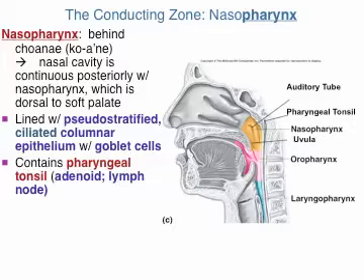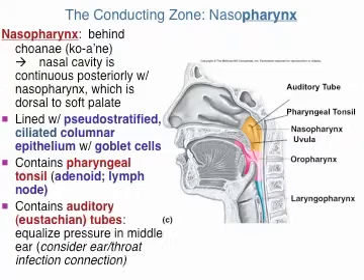Remember, from the immune system, the tonsils are part of the immune system, and they have immune system cells that can fight off foreign invaders that might enter through the respiratory tract. There's also the auditory or eustachian tube, again from 201. The auditory tubes equalize pressure within the middle ear.